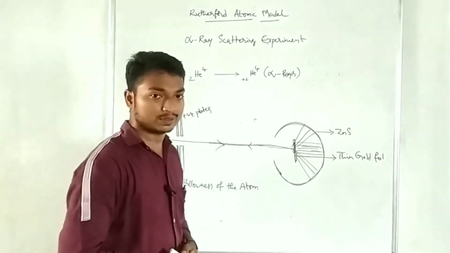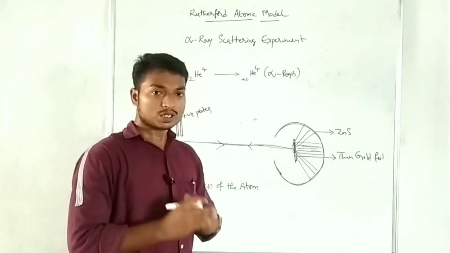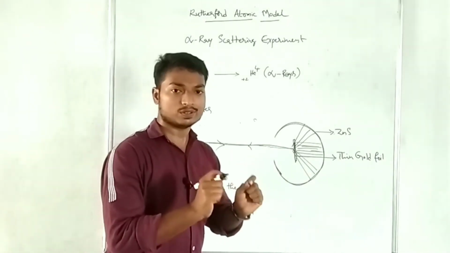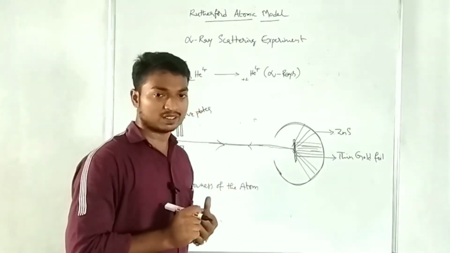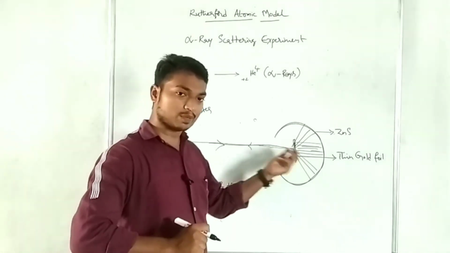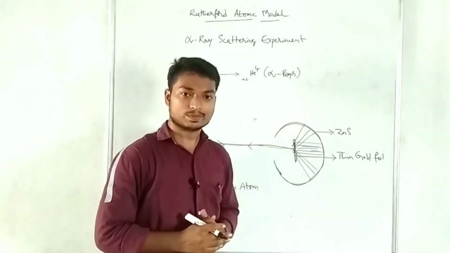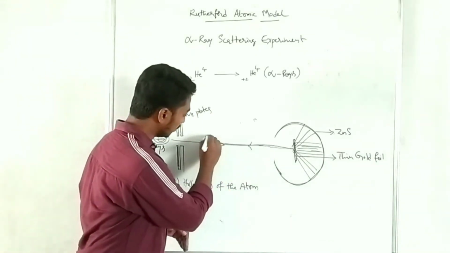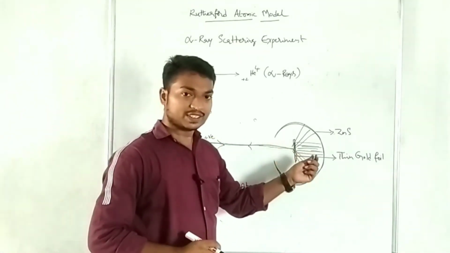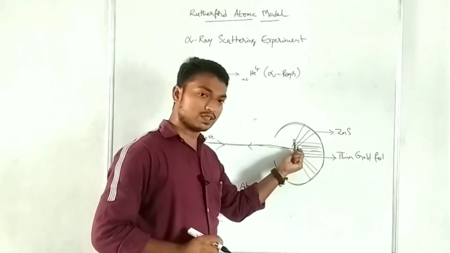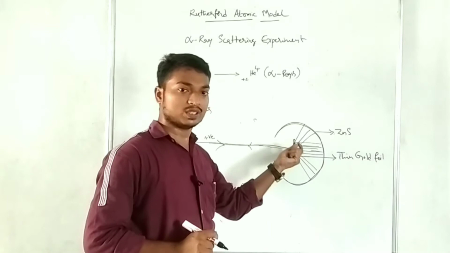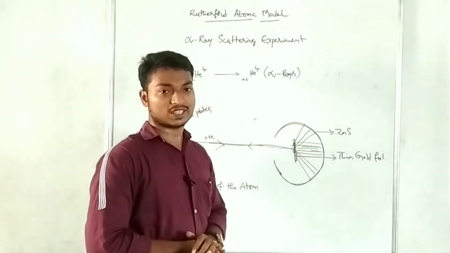And he observed only very few rays are deflected and very few rays are turned back. Why are these rays turned back or deflected? If these are positively charged rays, they would be deflected only if a part of the metal foil, a part of the atom, is in a positive state.